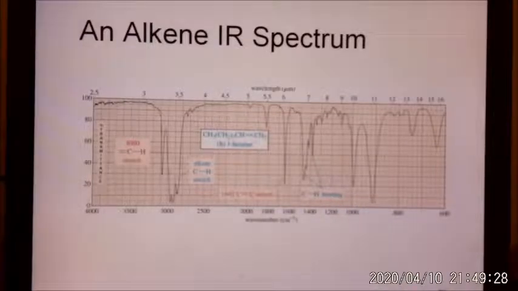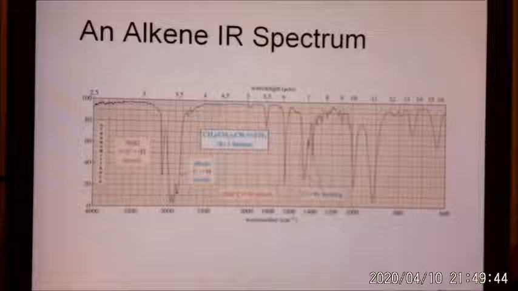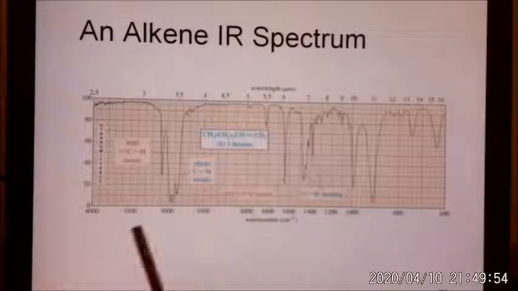So we're not going to assign it, because the bottom line is that if you're not sure, you can leave it blank, especially on IR, because you can get lots of peaks. Some are overtones, and there are just so many different types of vibrational modes. Okay, so we're going to pick out the ones that we do know to try to piece together what we're looking at.